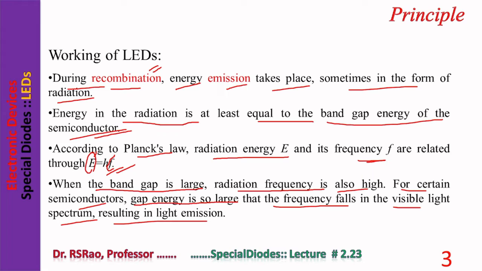Band gap energy must be high. That's why it is mentioned that an LED must use a semiconductor material that has a high band gap energy. Then only is the band gap energy able to give high frequency radiation, high enough to make the radiation fall in the light band.